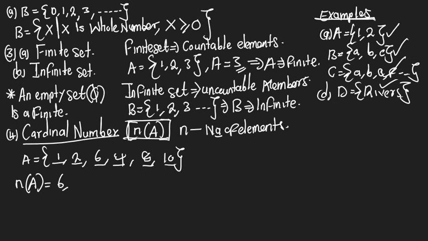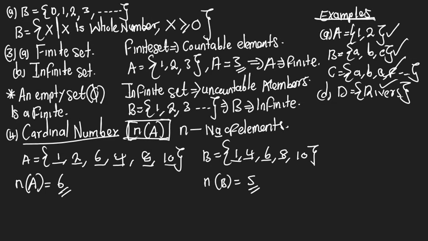Hence, the cardinal number is 6. If you have a set B that contains 1, 4, 6, 8, 10, the cardinal number of B is 1, 2, 3, 4, 5, and hence it is going to be 5. Quite simple.